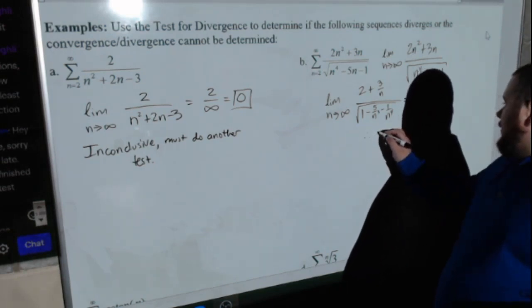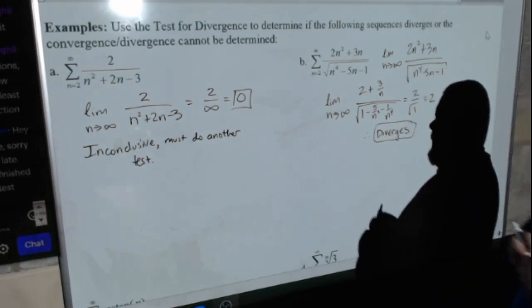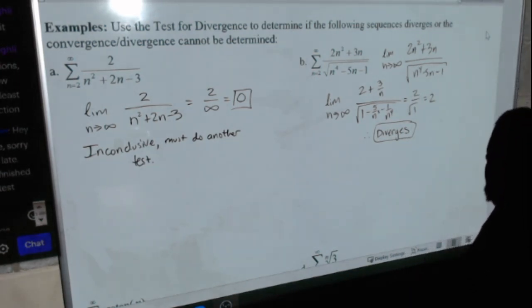Therefore, the series diverges. It says as long as you get anything other than 0, then the test tells you it diverges. Good with those two?